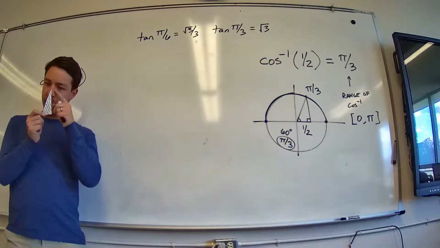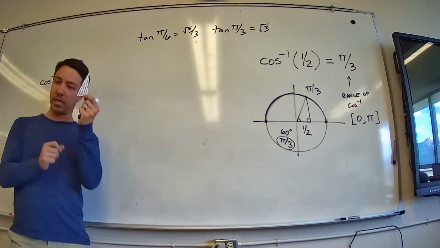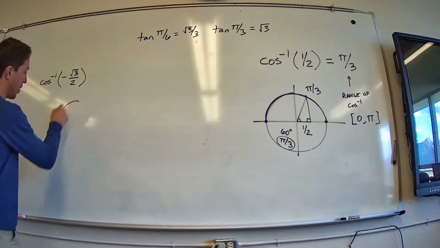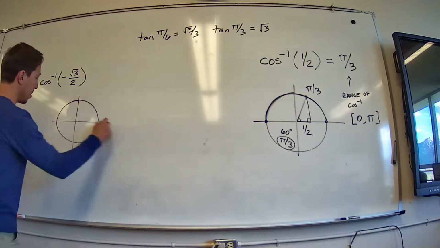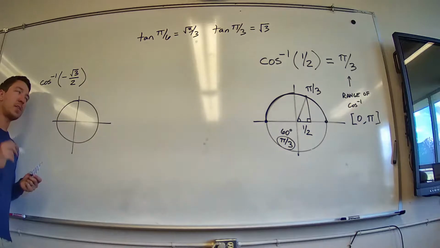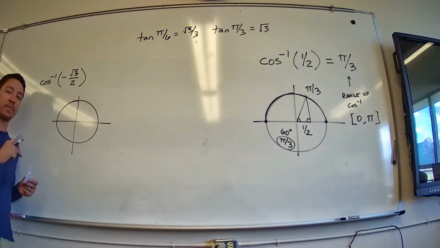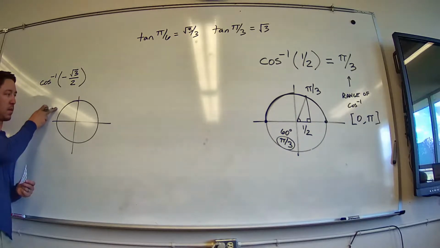And that's his long side, right? How can I position him on the circle so that, now, do I want his x value to be this or his y value to be that? I want his x value to be that. So where does he live? On the circle. He lives over on the left side.